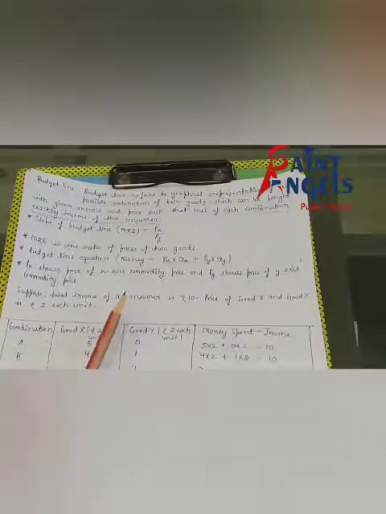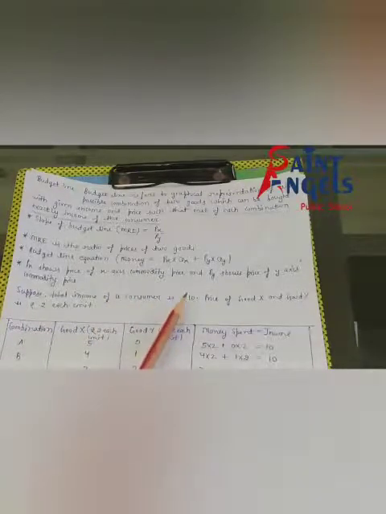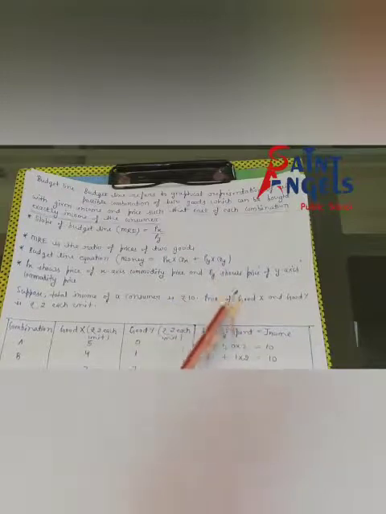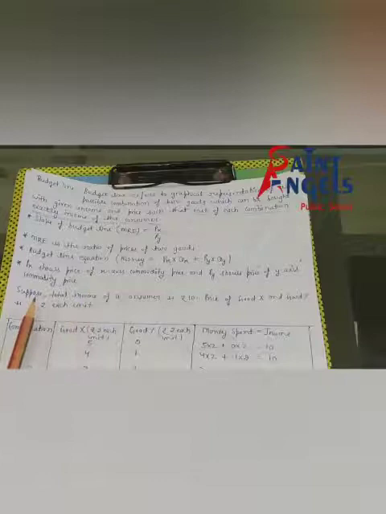What I am saying is that the consumer spends the entire money, rupees 10, on good X, so the consumer can purchase 5 units of good X.